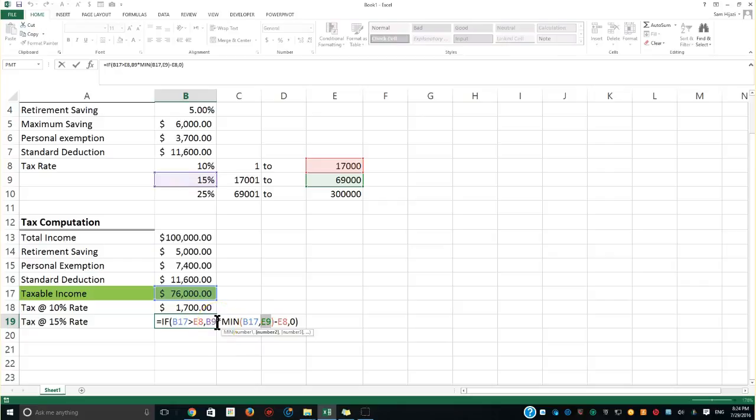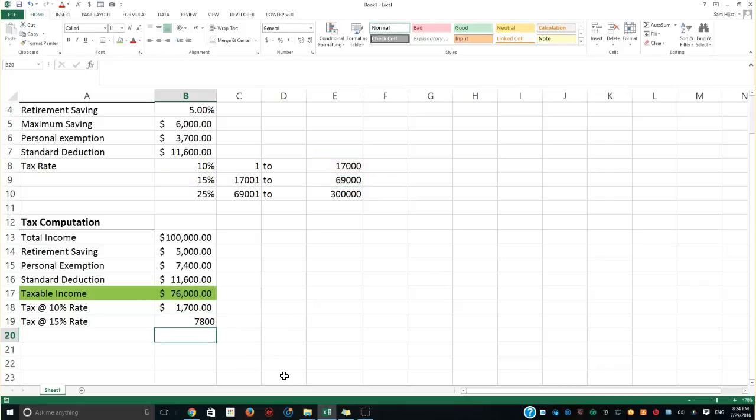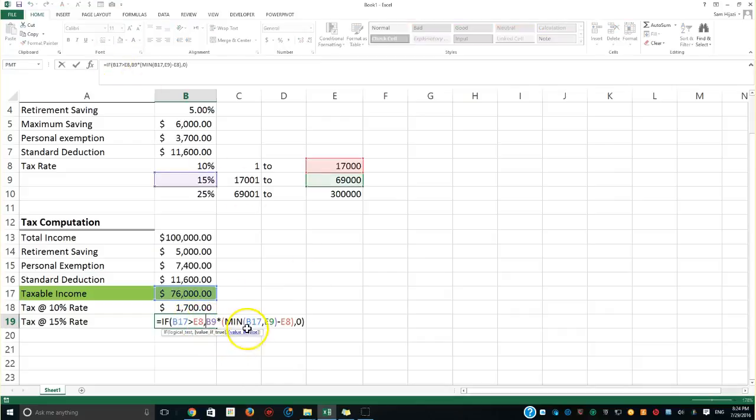Oh, I'm sorry, I have to put another set of parentheses here. Sorry about that, because it really multiplied by the minimum. The rule of order was ignored, and that's very critical to make sure of. The rule of order actually multiplied the minimum result, then subtracted the E8, which is completely wrong.